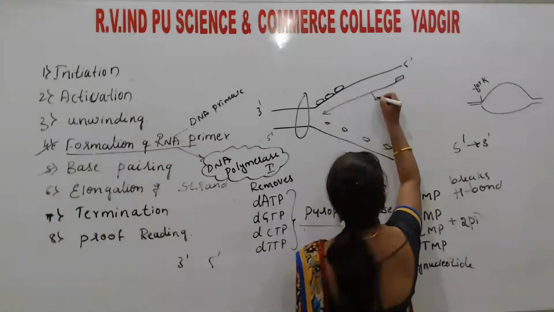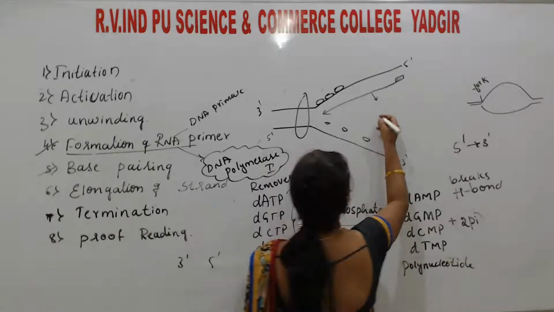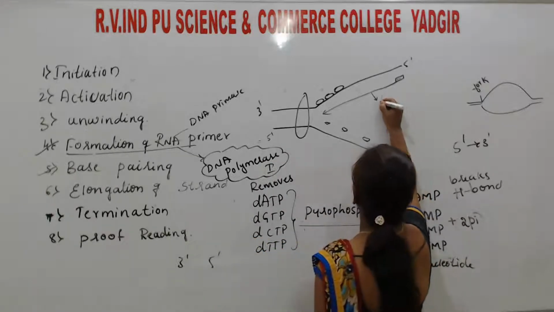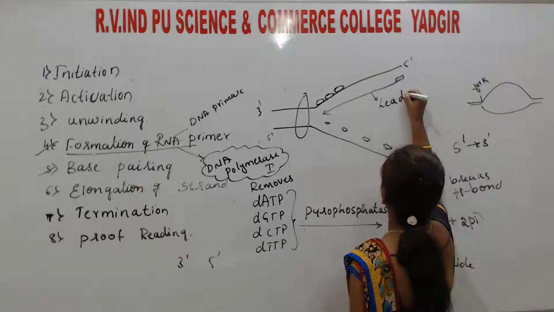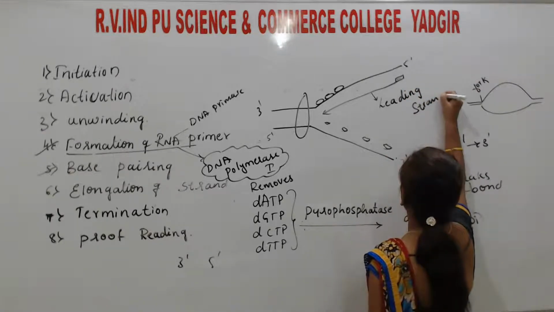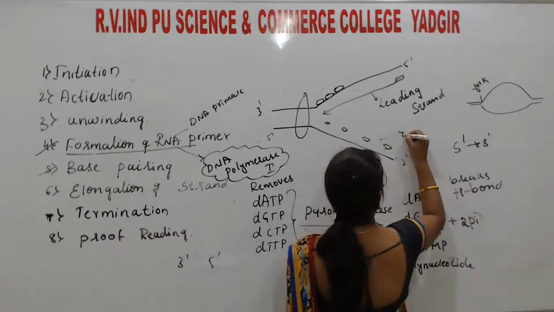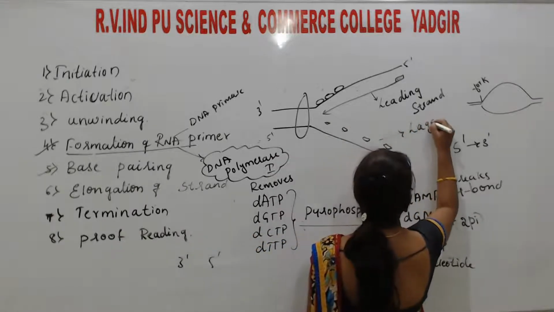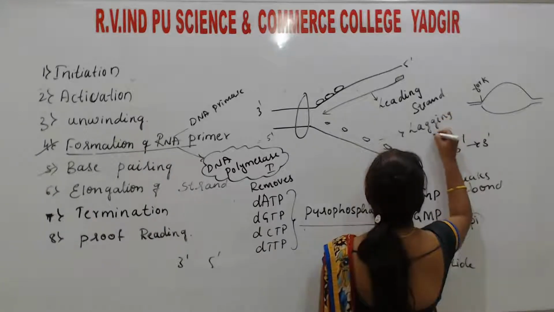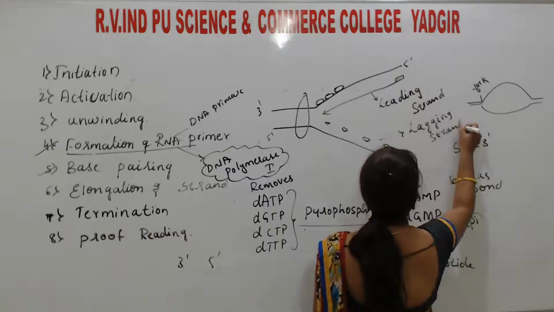The strand which is formed first and is continuous is called the leading strand. And the strand which is discontinuous is called the lagging strand. First formed, this is formed later.